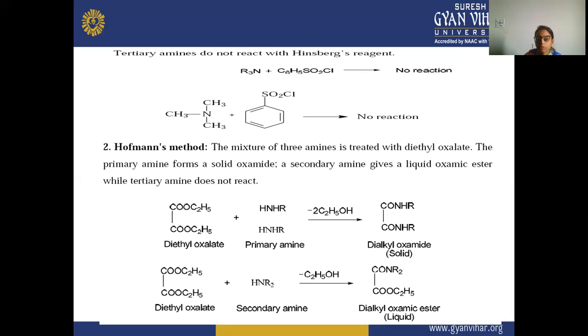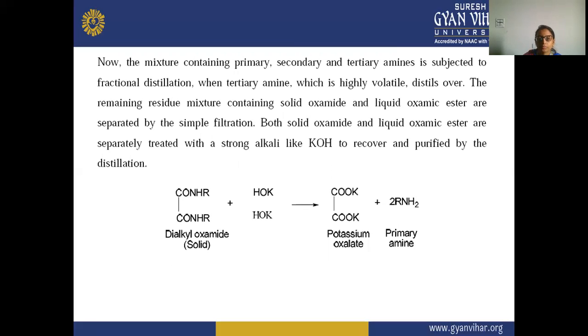While your tertiary amines are not reacting. They are not giving any reaction because there is no presence of hydrogen atoms in them, because they are attached to all three alkyl groups.